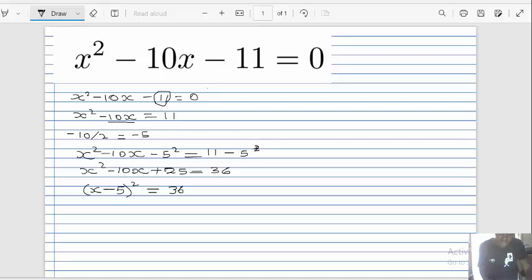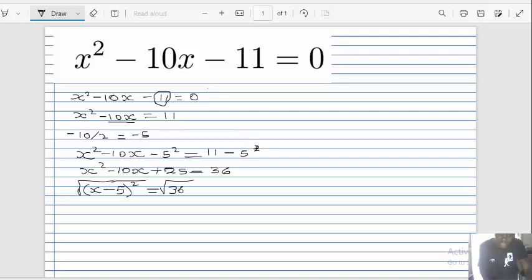And now we can square root both sides. If you square root both sides, you should get 6 on this side, and clearly you will get x minus 5 on this side. Because this will be a plus and minus, you have to have 2 solutions in this case.